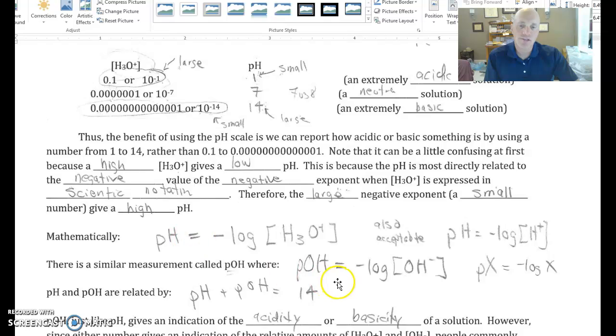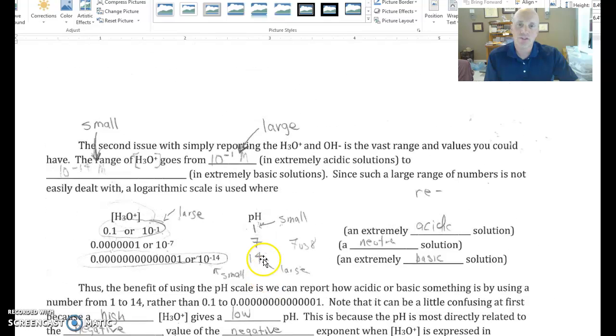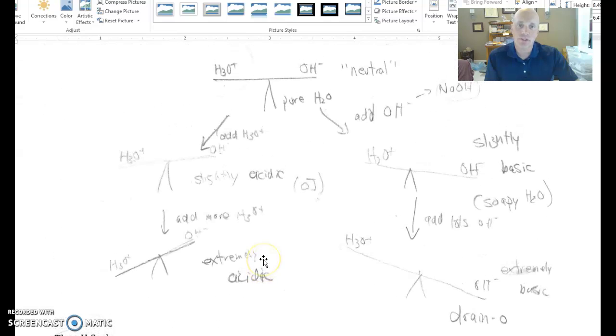One thing I would venture to guess is that you've heard a lot more about pH in your life than you have pOH. And the thing is, if you go back and look at what acidity represents, it represents a relationship between these two values here. So there's no intrinsic reason that we had to measure pH based on the amount of H3O plus. We could just as easily measure pH in terms of expressing this right here.